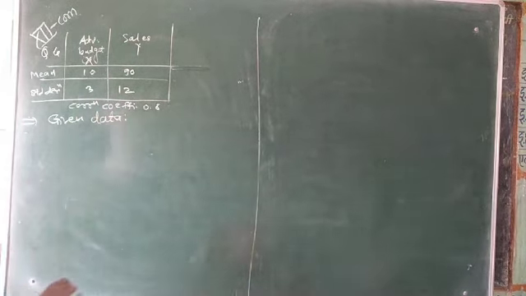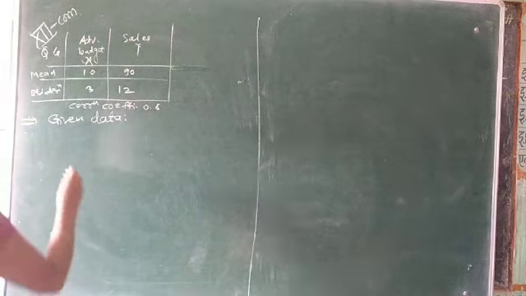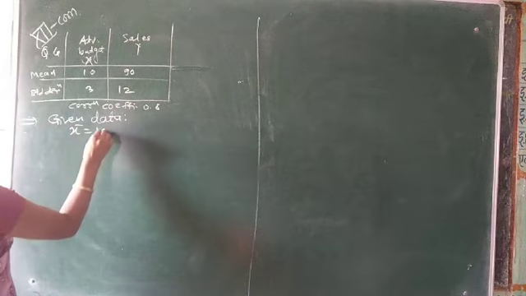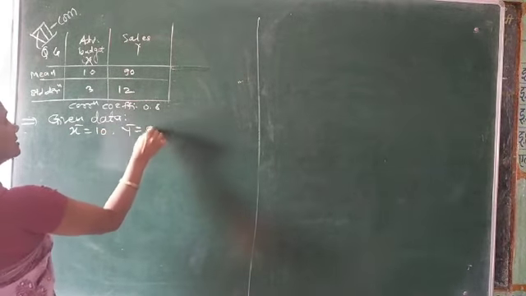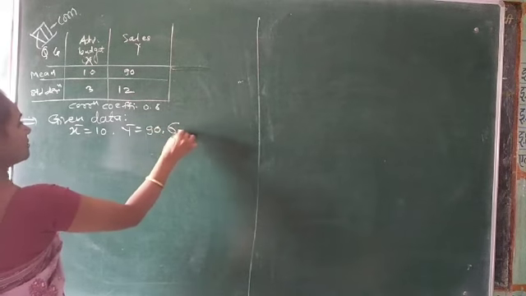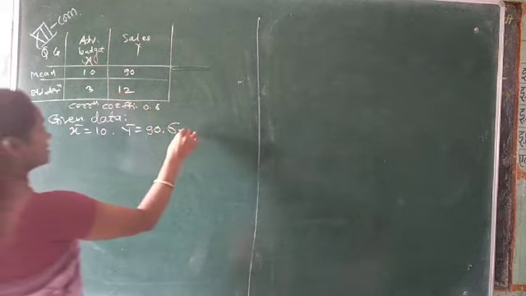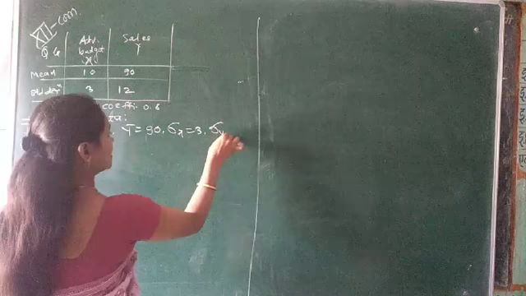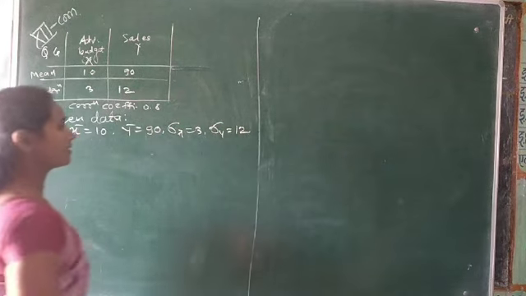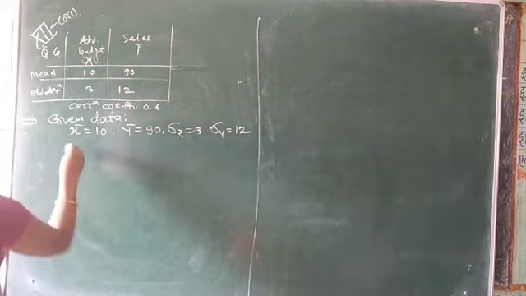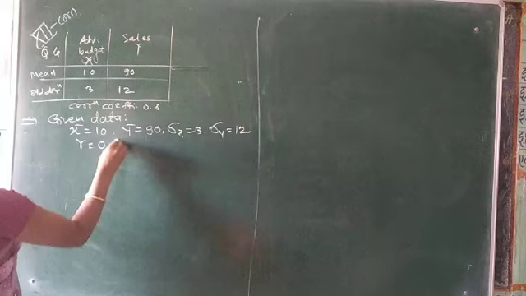That is the mean of x and y: x bar is equal to 10 and y bar is 90. Also sigma x, standard deviation of x, is 3, and sigma y, standard deviation of y, is 12, and the correlation coefficient r is equal to 0.8.